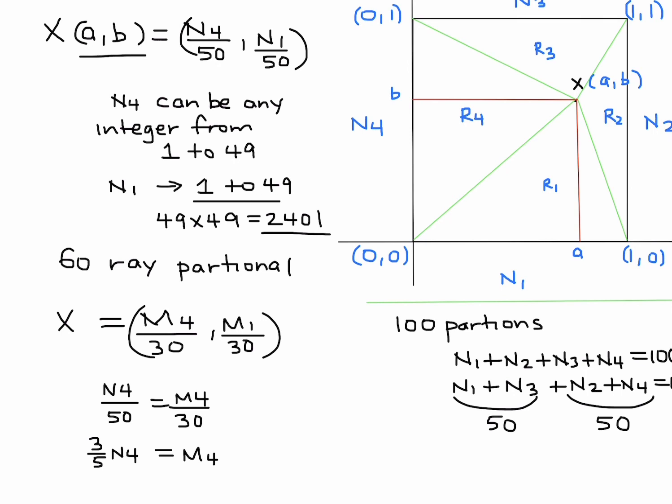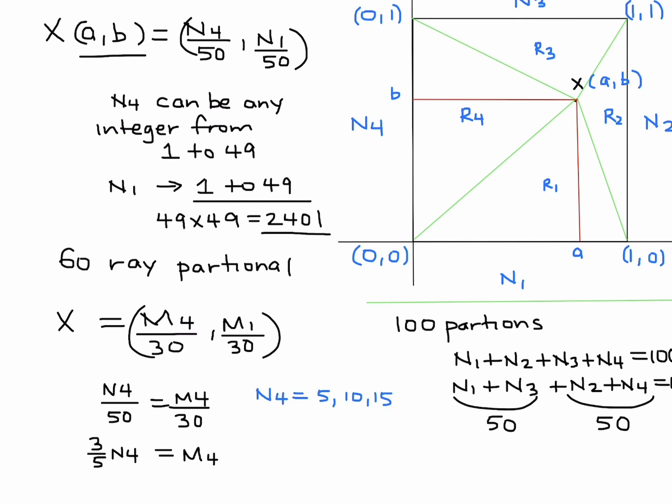So that means that for any of these values from 1 to 49, the only way you can get an integer for m4 is if the number that you put in for n4 is divisible by 5. So the only way you're going to get integer values for m4 is if you put values for n4 that are divisible by 5. So for example, m4 can only be an integer if you have the following values for n4.